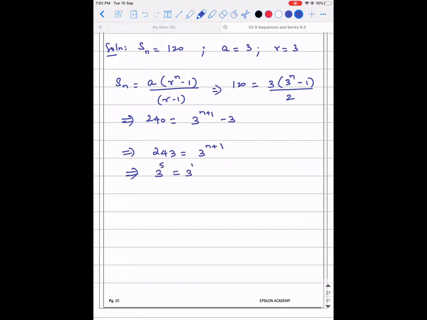Yes, so n plus 1 will be equal to 5, n will be 4.